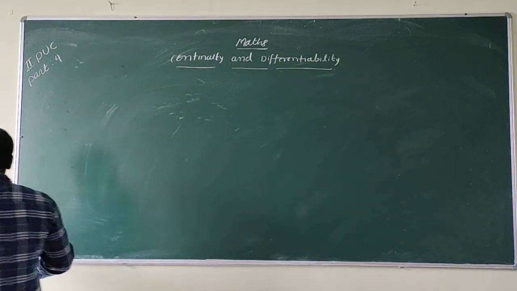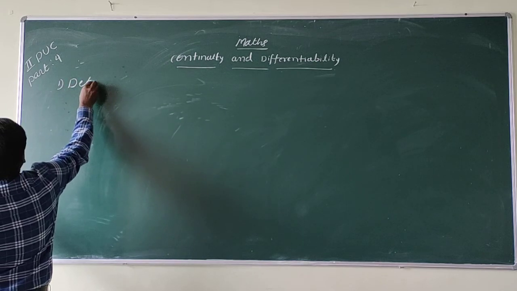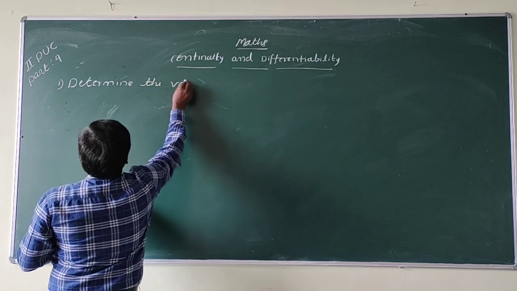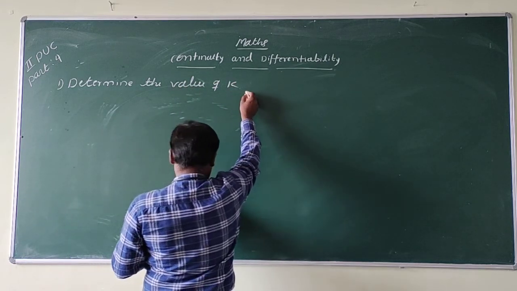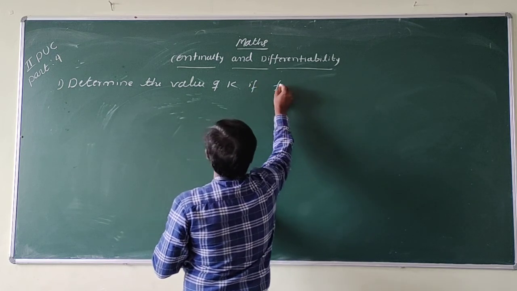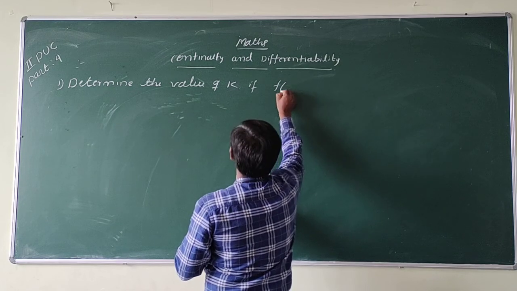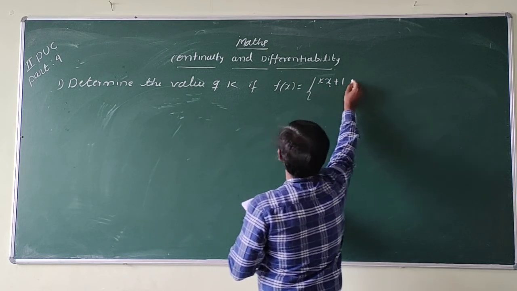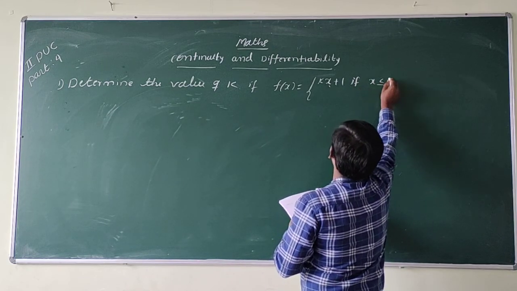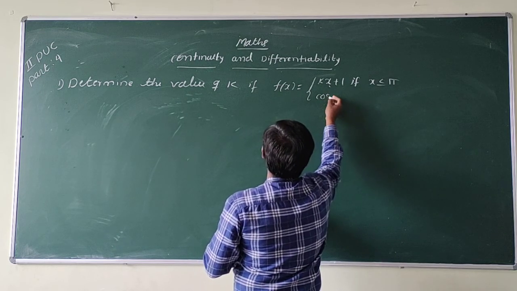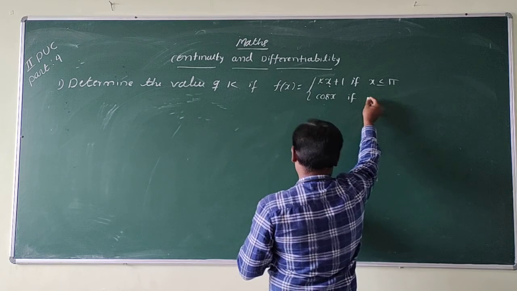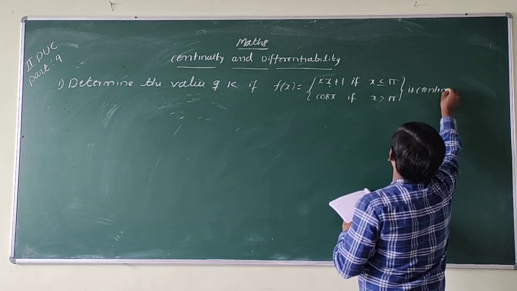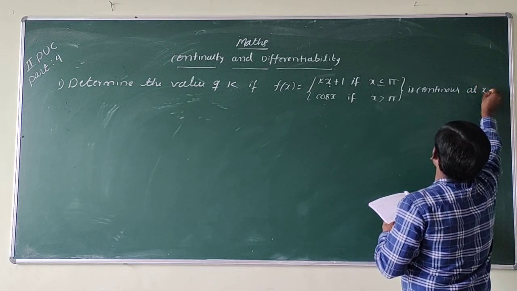Determine the value of k if f of x is equal to kx plus 1 if x is less than or equal to pi, and cos x if x is greater than pi, is continuous at x is equal to pi.